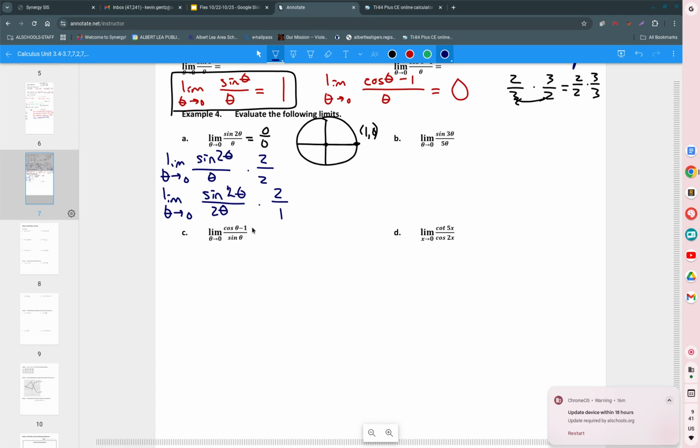A 1. According to what we had just done earlier with this limit right there, you can see that if you have a sine of an angle over that same angle, the limit is equal to 1. Notice sine of that angle over the same angle, this limit is 1. And so I get 1 times 2 is 2. And 2 is my answer.